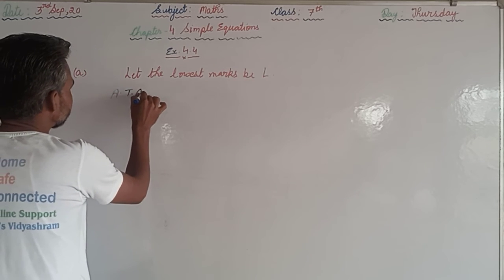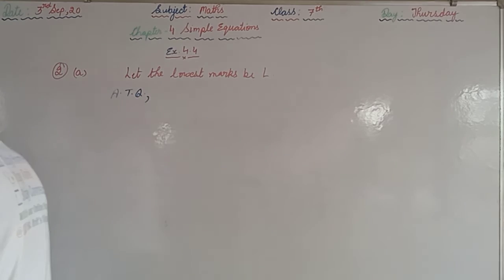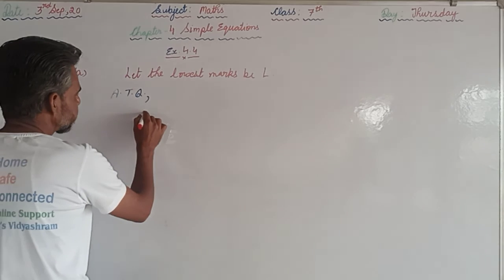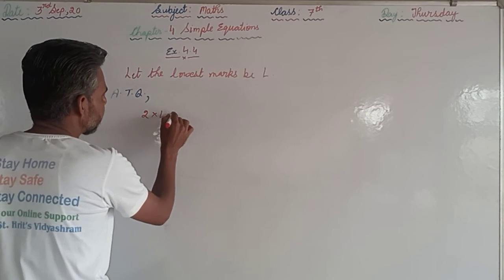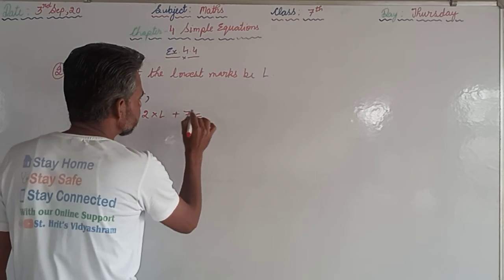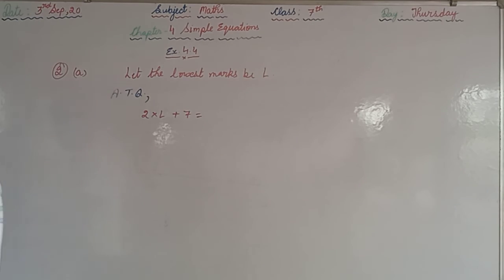So according to the question, the teacher tells the class that the highest marks obtained by a student in her class is twice the lowest marks plus 7. Twice the lowest marks means 2 into L plus 7 is equal to highest marks, and the highest marks are also given, that is 87.